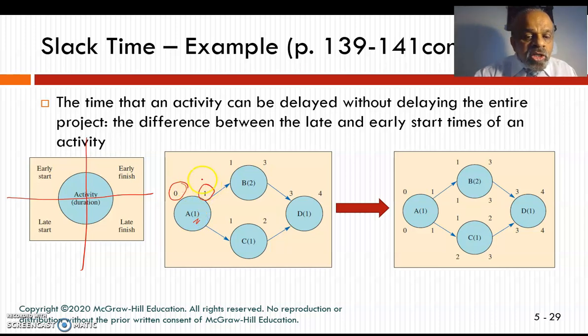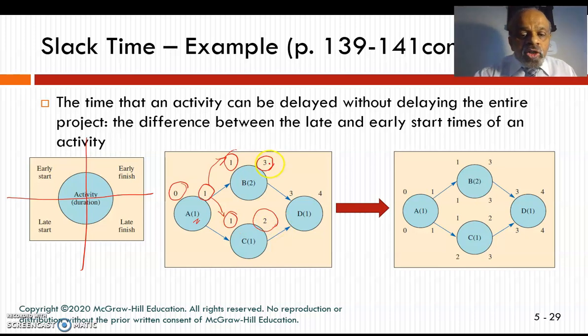My early finish is going to be the early start for the next activity, both this activity as well as this activity. B is going to take 2 weeks, so 1 plus 2 is 3 weeks. So at the third week, I'll be completing my B. C is going to take 1 week, so 1 plus 1 is 2. So this is going to take 2 weeks to complete.